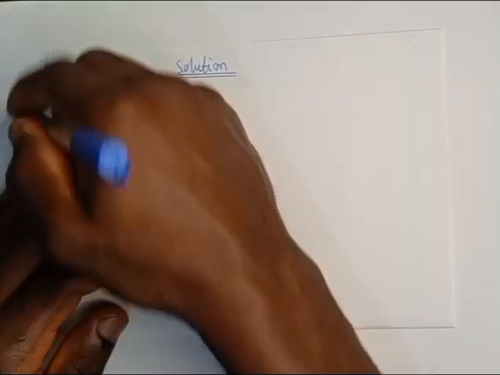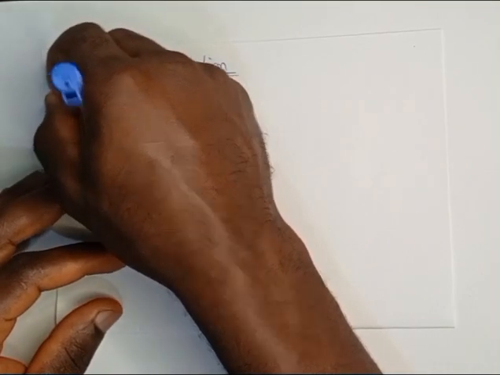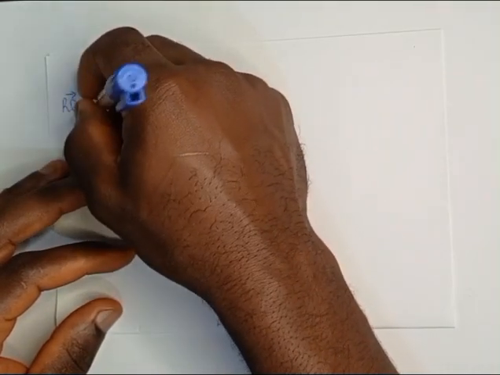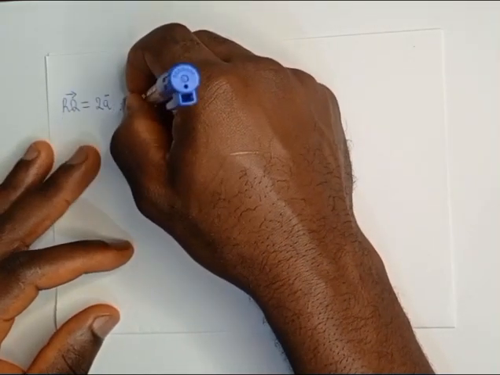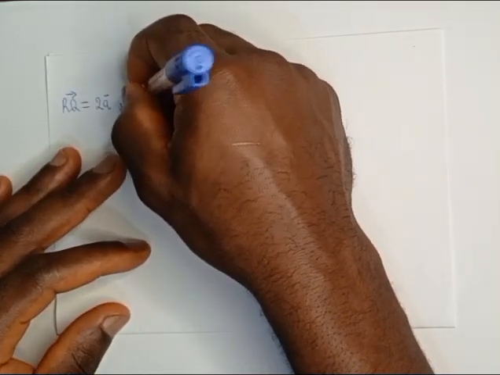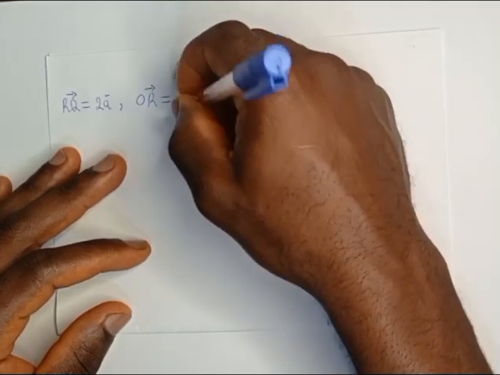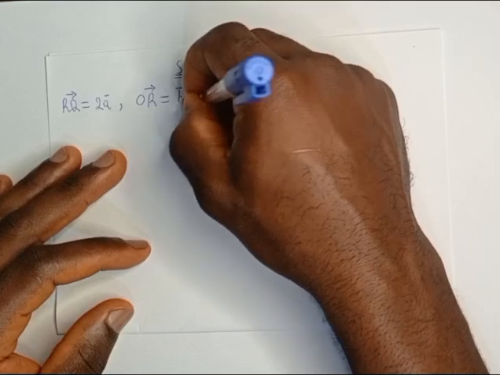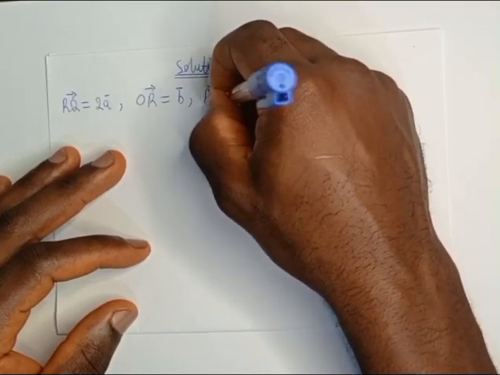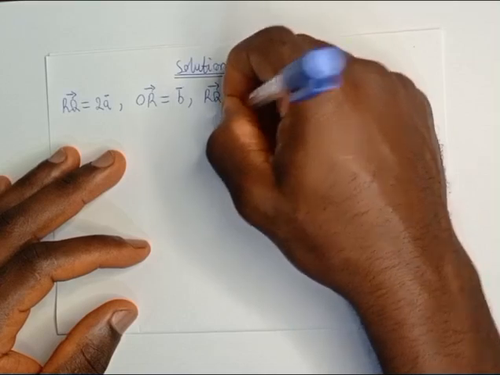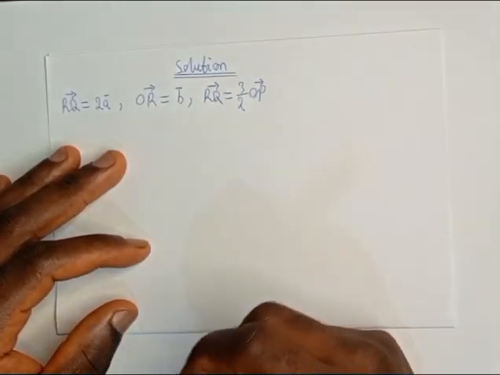From the question, we have been given that RQ vector is equal to 2A bar, OR vector is equal to B bar, RQ vector is equal to 3 over 2 OP vector.